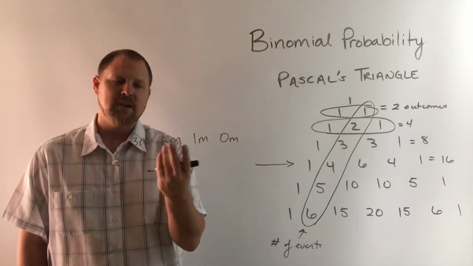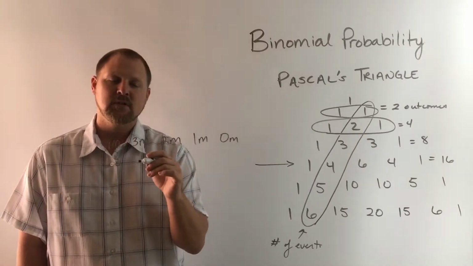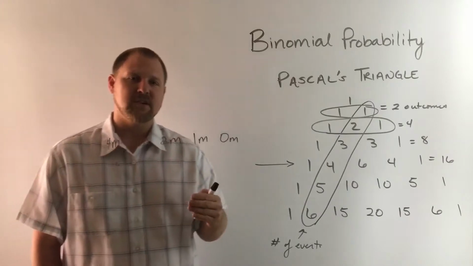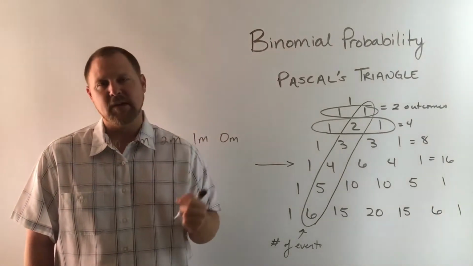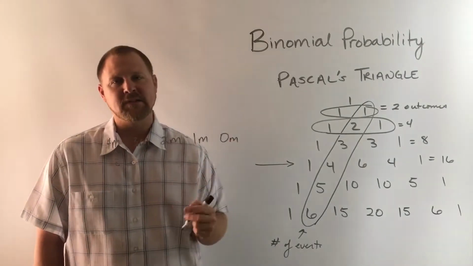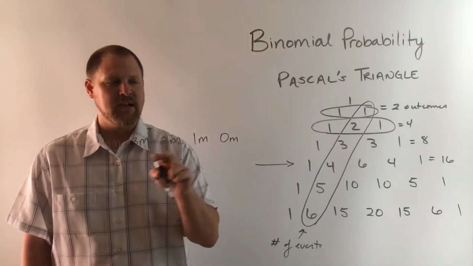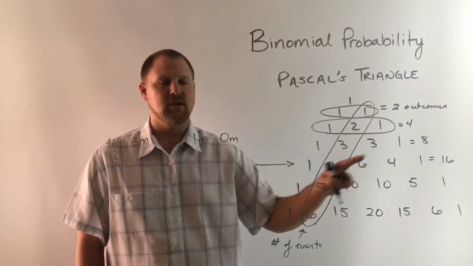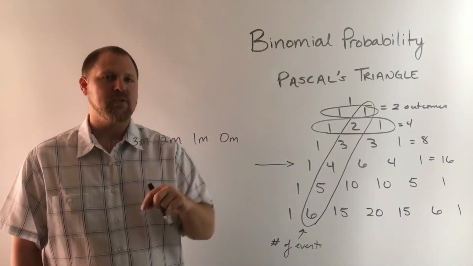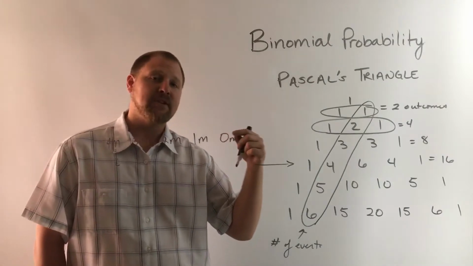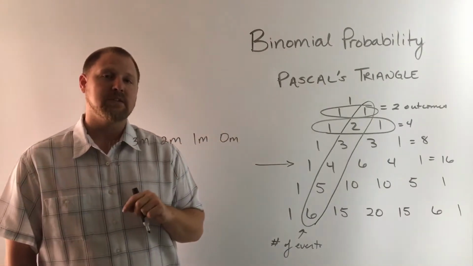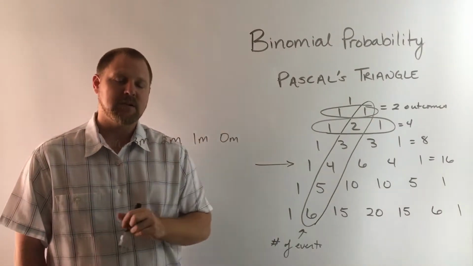And then each one after this has to do with the number of makes versus the number of misses. 3 makes, 1 miss, 2 makes, 2 misses, 1 make, 3 misses, 0 makes, 4 misses. Okay, so you don't have to talk about each number in that row in terms of both outcomes. All you need is 1, because in binomial probability, there are only 2 possibilities that each outcome could be.